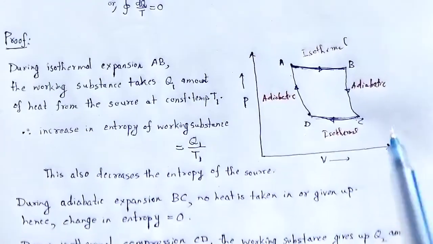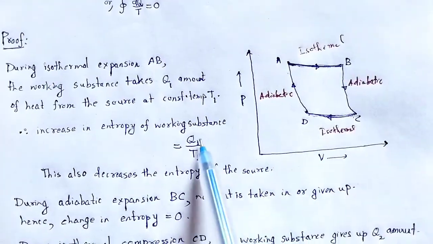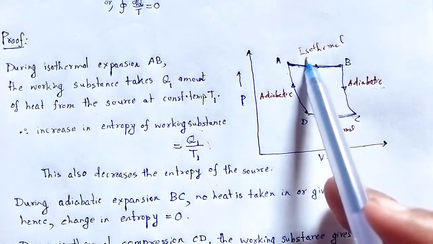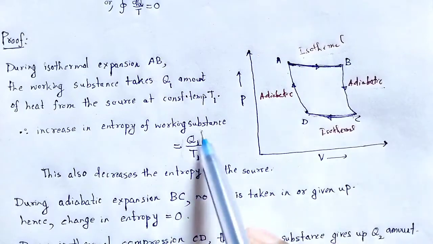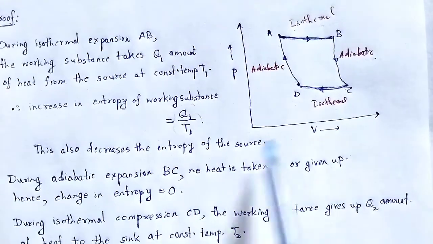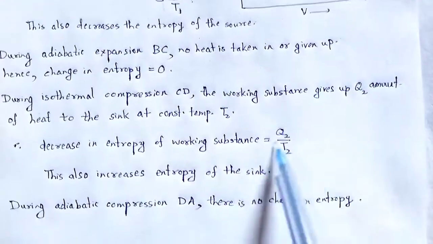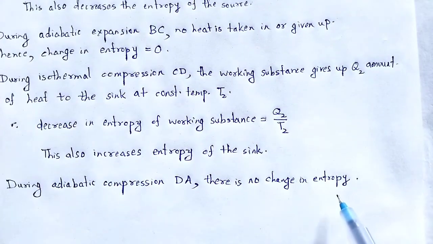So look here: in isothermal expansion, the change in entropy is Q1 by T1. Adiabatic expansion, that will be 0. Isothermal compression, that is Q2 by T2. Again adiabatic compression, that will be 0.